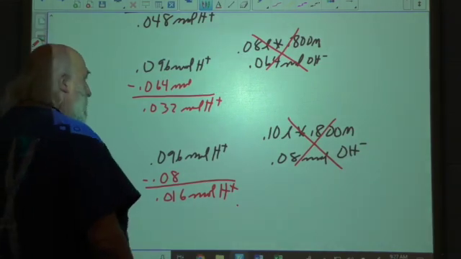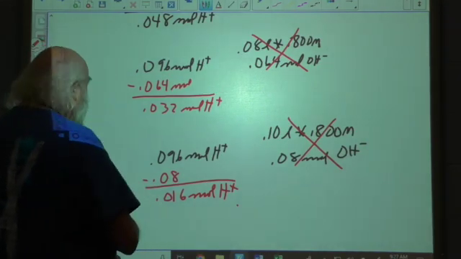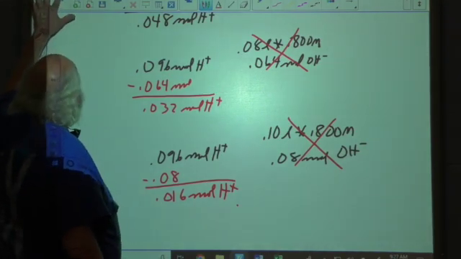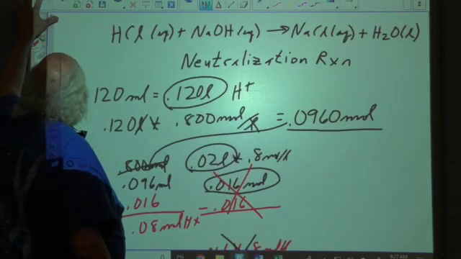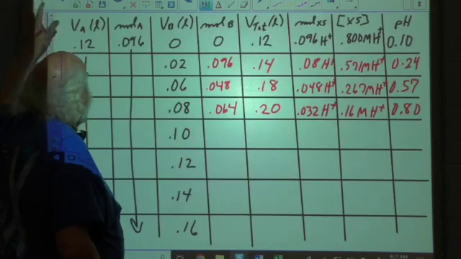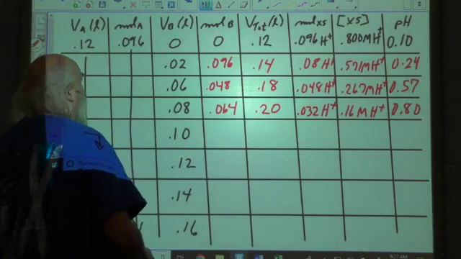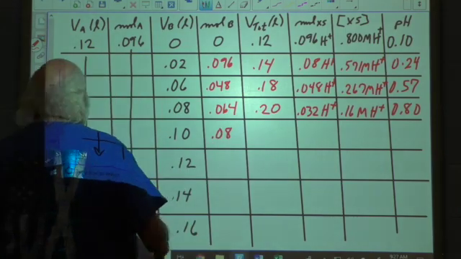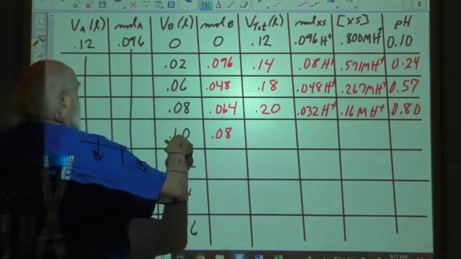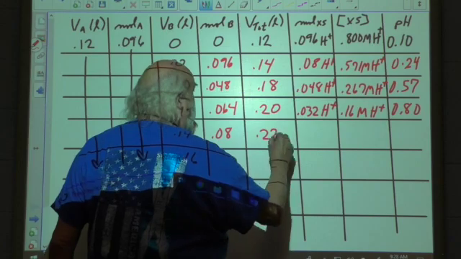Okay? So we put that information in over here. Again, in the wrong direction because I'm an idiot. All right, so here we go. So this is going to give us 0.08 here. The sum of these two right here, 0.12 and 0.10, is 0.22 liters.